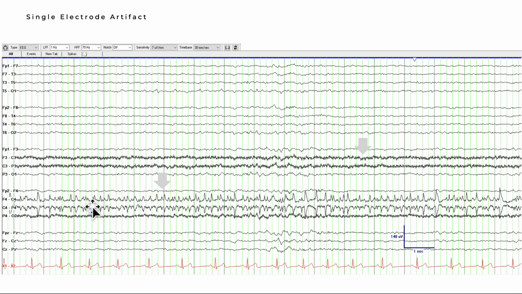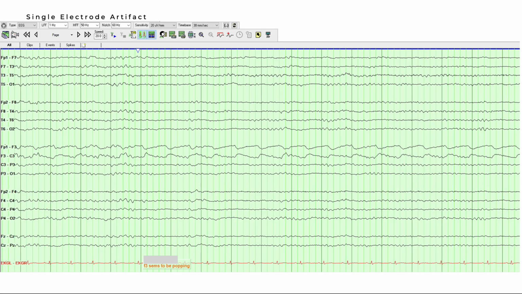It can look kind of scary at times, but again, you see this is really confined to one electrode, C4 in this case, and it has, again, a mirror image appearance with these electrode pairs that share C4. Here's a bit more of a subtle example involving the F3 electrode of single electrode artifact.